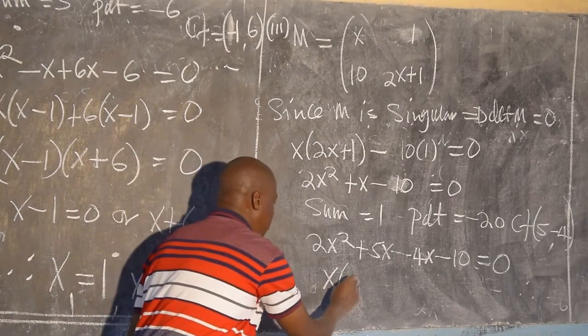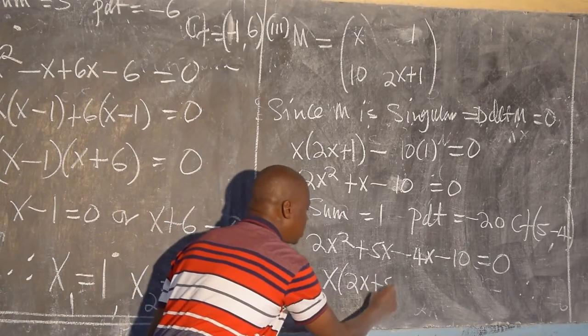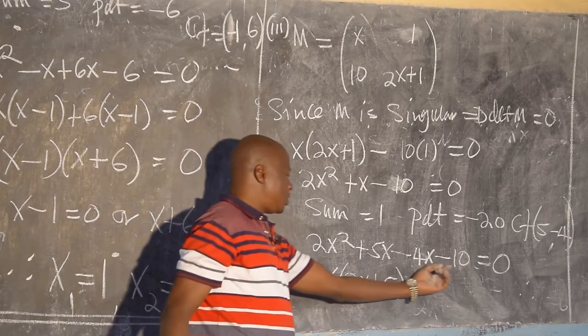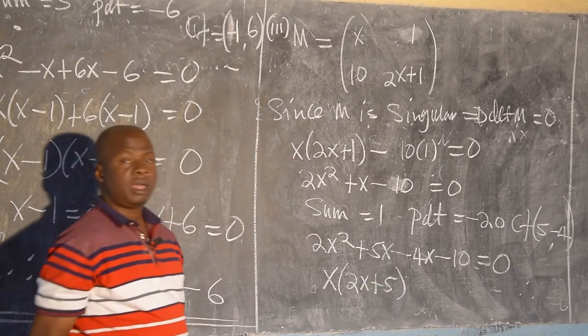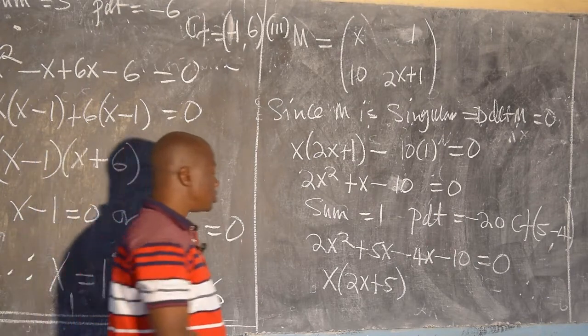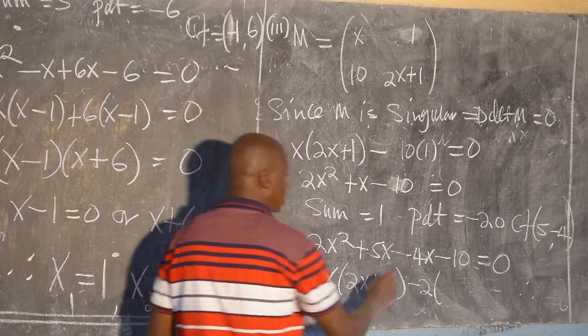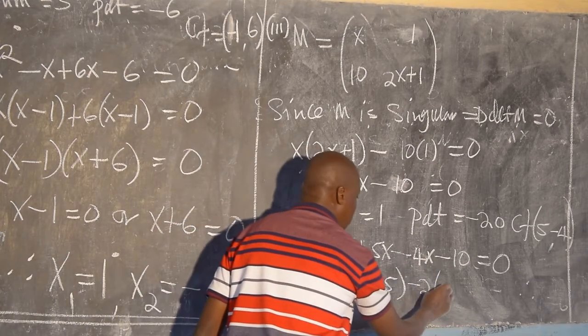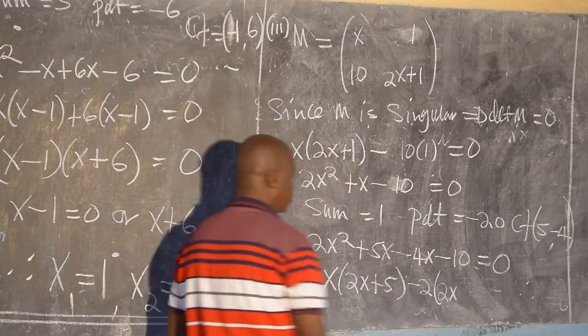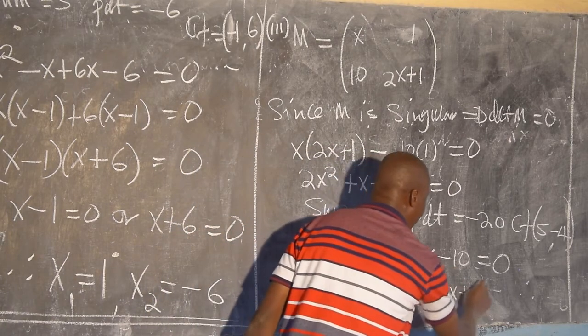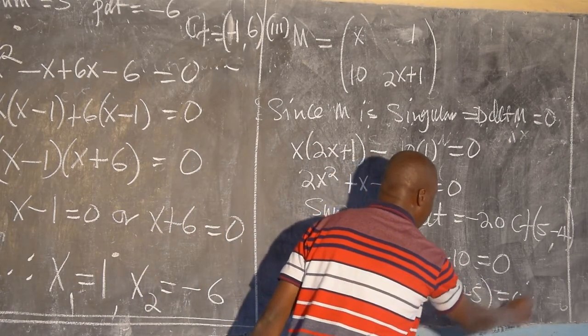So it is x into 2x plus 5. We also observe here there is a common factor, that is negative 2. We shall say negative 2 into, divide here by negative 2, it gives the positive 2x. Divide by negative 2, it gives the positive 5, equal to 0.